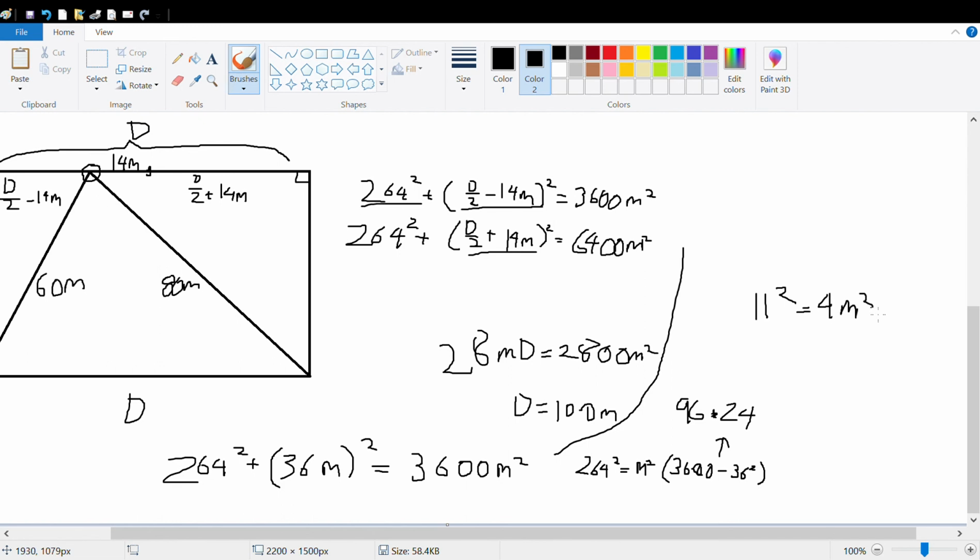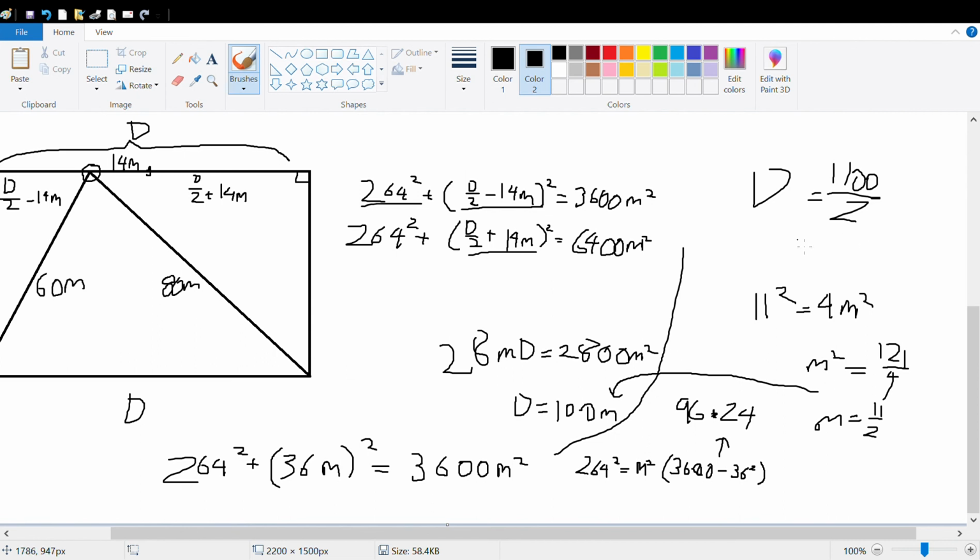Therefore, m squared equals 121 over 4, so m is equal to 11 over 2. Now let's look back at this. Therefore d is equal to 1100 over 2, which is equal to our final answer of 550.